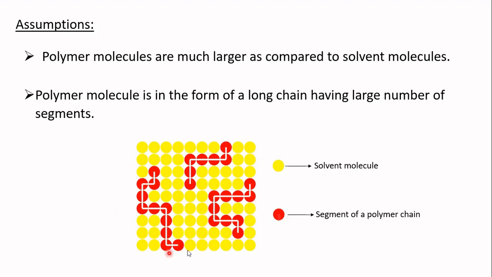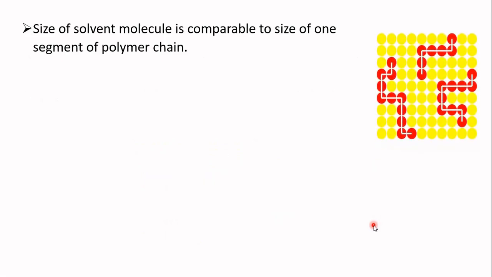So in this schematic diagram, this yellow dot represents the solvent molecule and this red dot represents the segment of a polymer chain. And the next assumption is size of solvent molecule is comparable to size of one segment of a polymer chain.